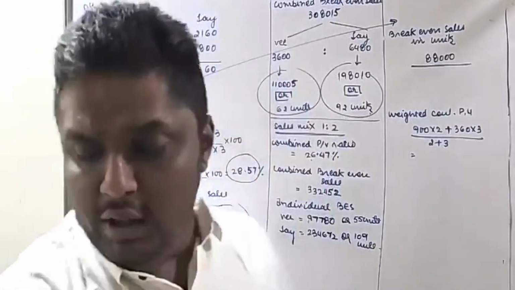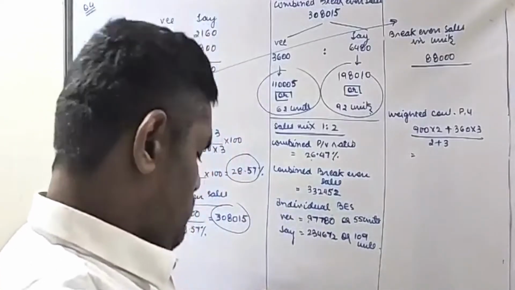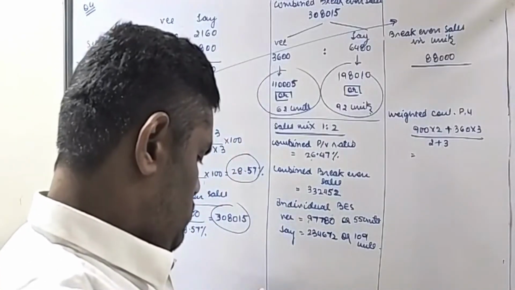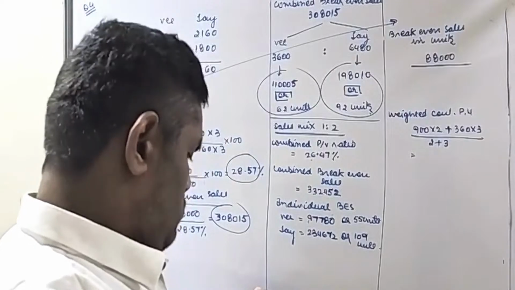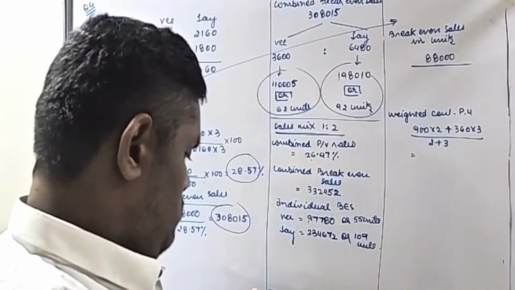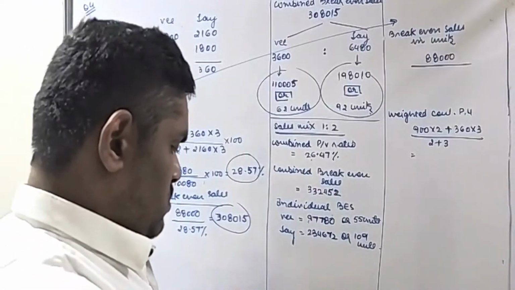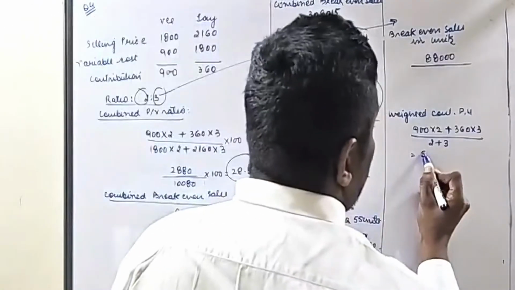So my weighted contribution per unit will be 576.